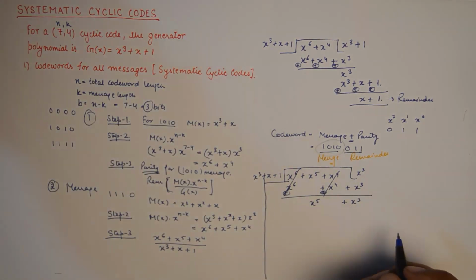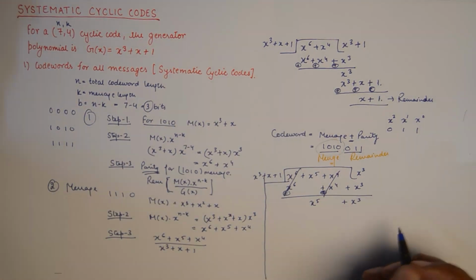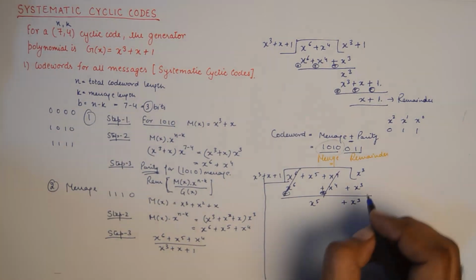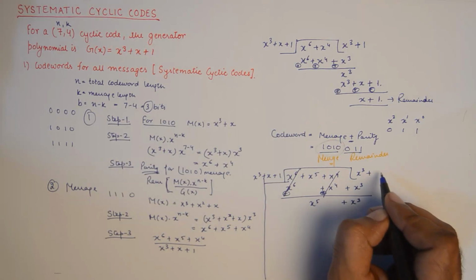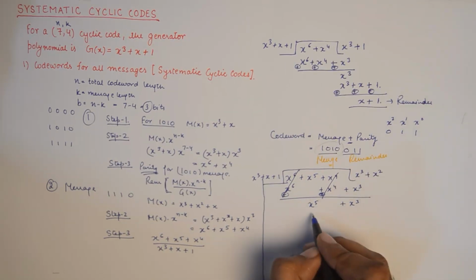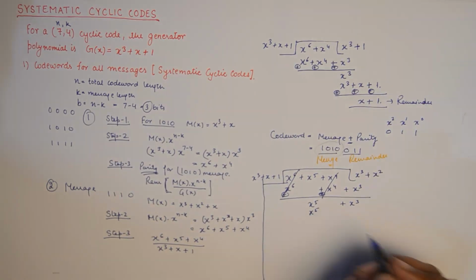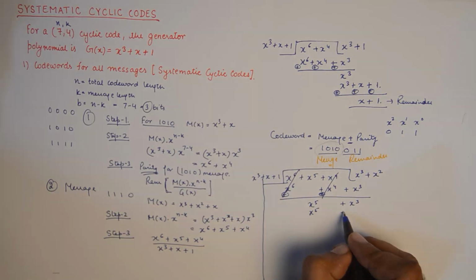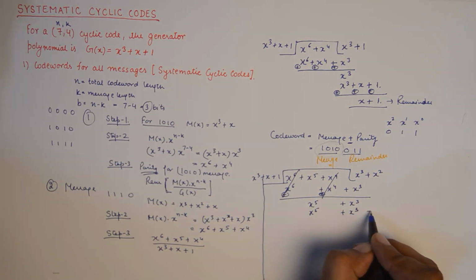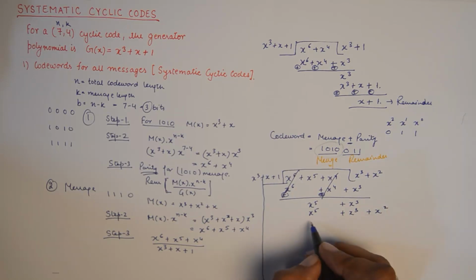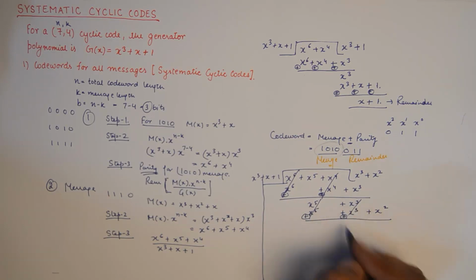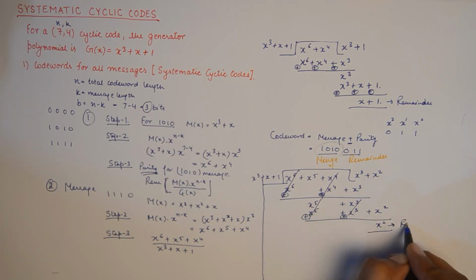Alright. Then I'm left with the job of doing away with this x raised to the power 5 plus x cube plus x square, and XORing will eliminate this, keeping this as the remainder.